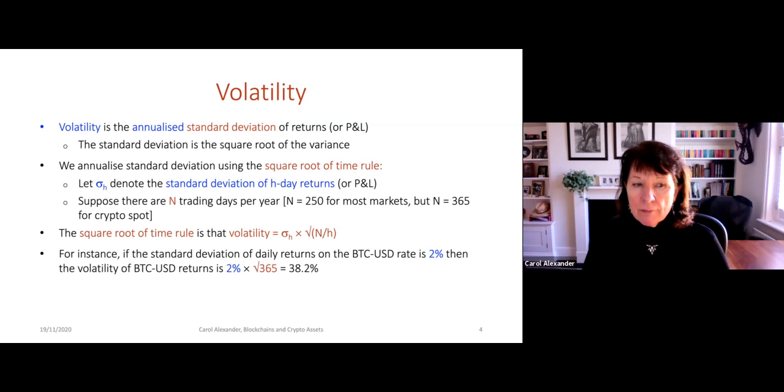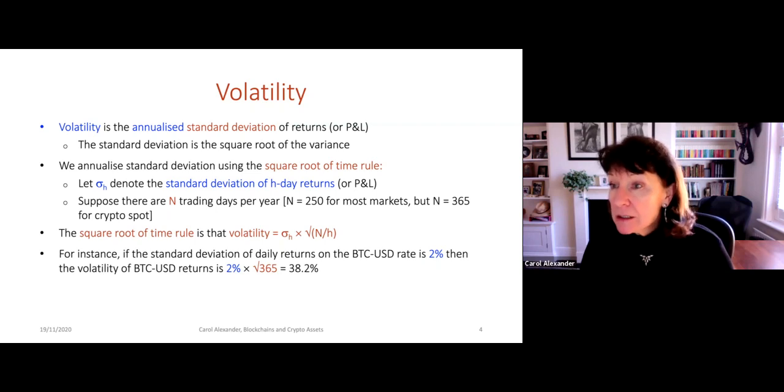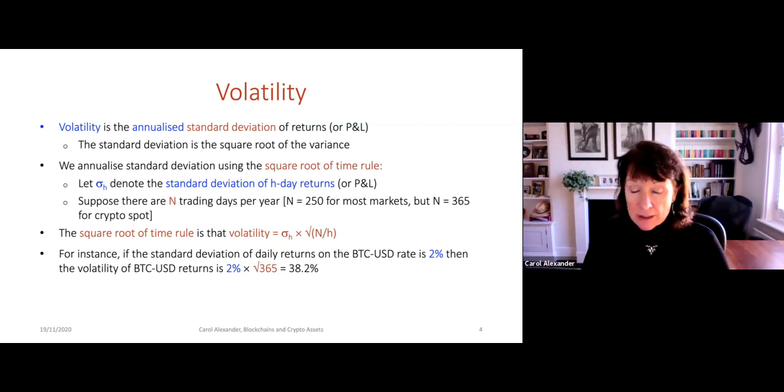Well, suppose we've got the standard deviation of H-day returns, say weekly returns. If we're just looking at crypto markets, that would be a 7-day return because crypto markets are open 24/7. But if we've got returns on gold or S&P 500 or something like that, that would be a 5-day return, okay?